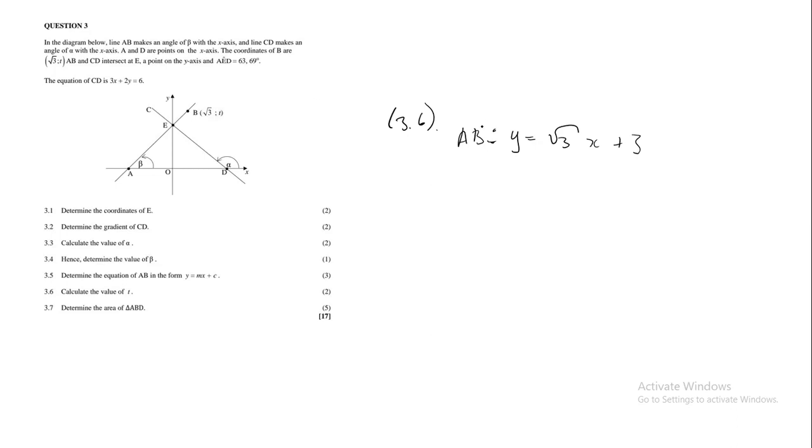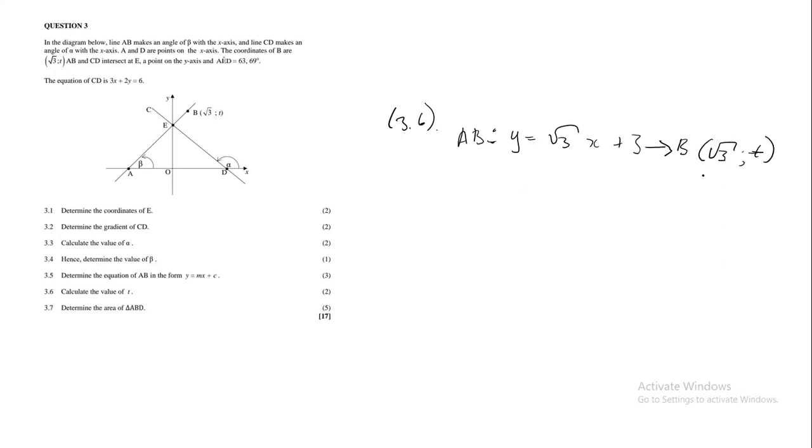This equation, which is the equation of AB, passes through point B, whereby point B's numerical x value is root of 3 and its y value is t, which is what we are basically looking for.